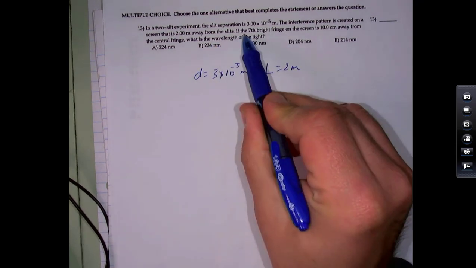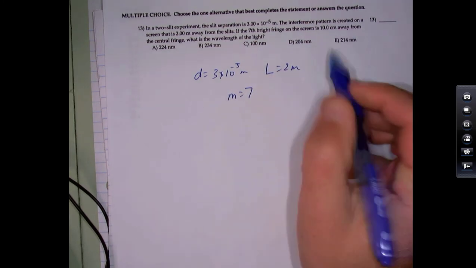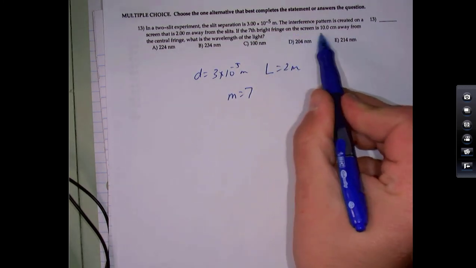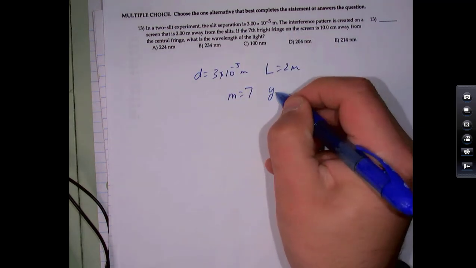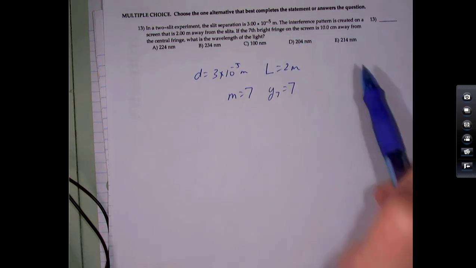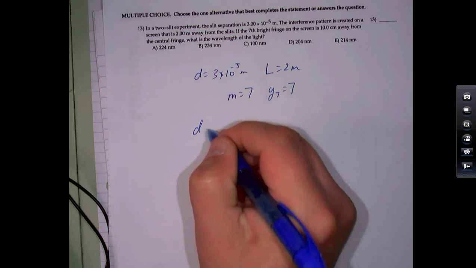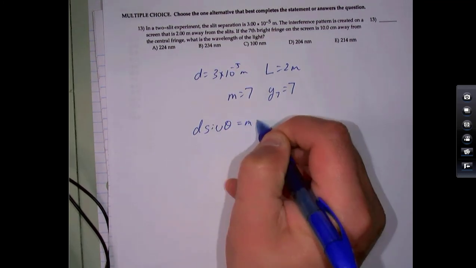Okay, if the 7th bright fringe, m is equal to 7, on the screen is 10 centimeters away from the central bright fringe, so y7 is 10 centimeters, what is the wavelength of the light? So the physics part is d sine theta is equal to m times the wavelength.